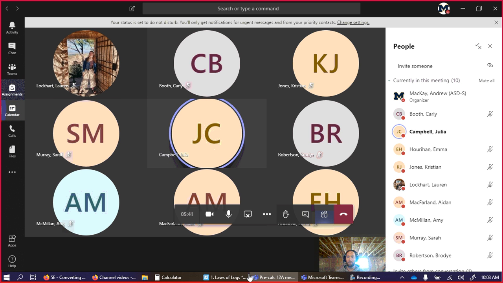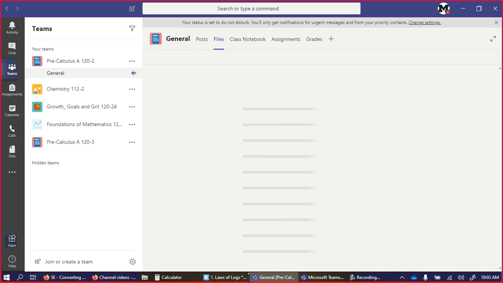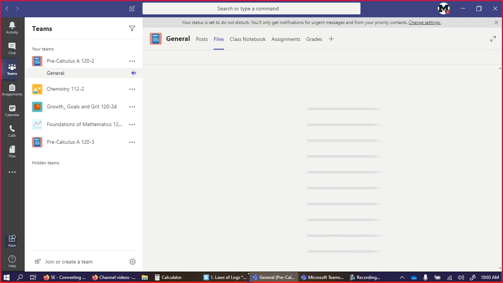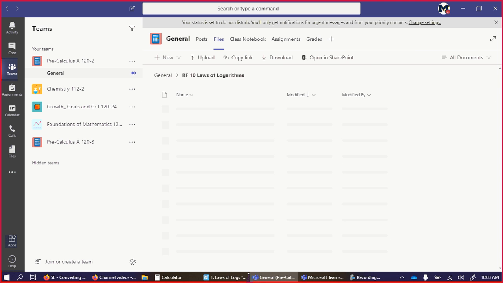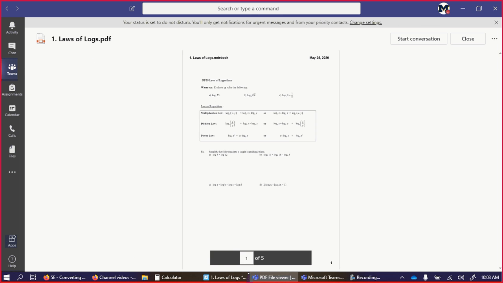Come on, brain. Teams. Come on, hurry up. Law of logs, I think. Oh, I might have exported it.